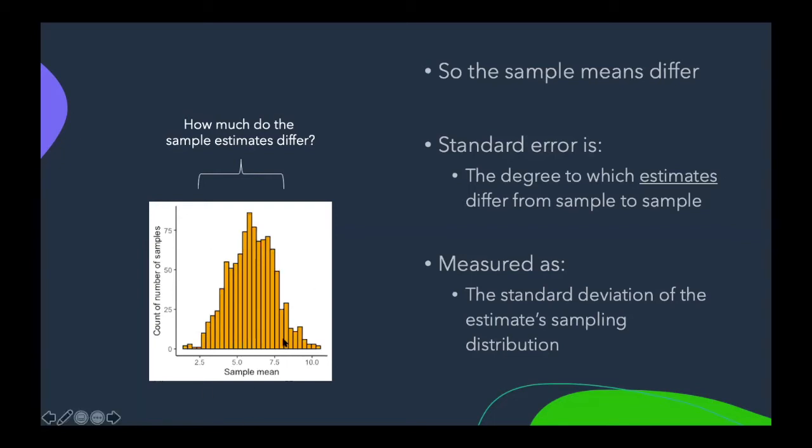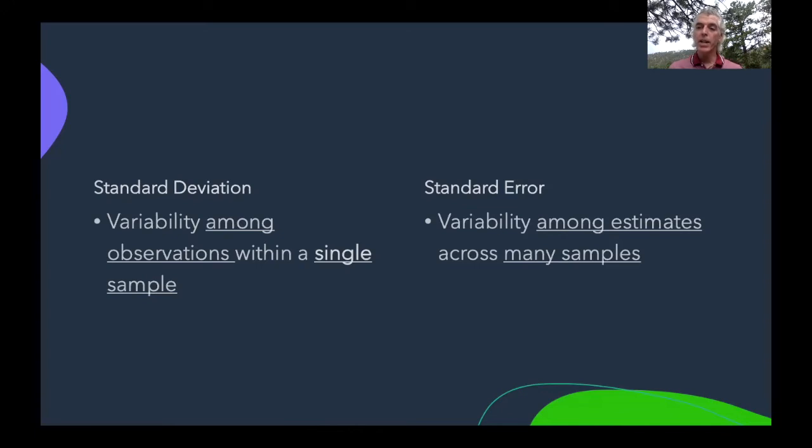And more precisely, it's the standard deviation of these sampling estimates. So the standard deviation of the sample then represents variability among observations within a single sample, whereas the standard error of the mean provides a measure of how different those estimates of the mean are likely to be across a bunch of samples.